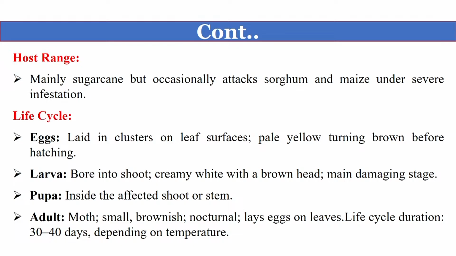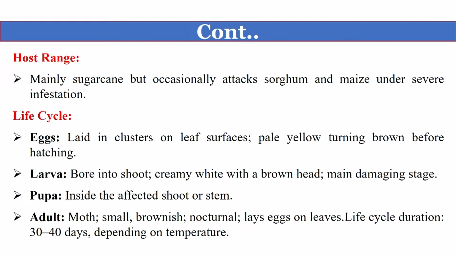The eggs are laid in clusters on the leaf surface, looking pale yellow and turning brown before hatching. The larva bores into the shoot and looks creamy white with a brown head. The main damaging stage is the larva, and the pupa is inside the affected shoot or stem.